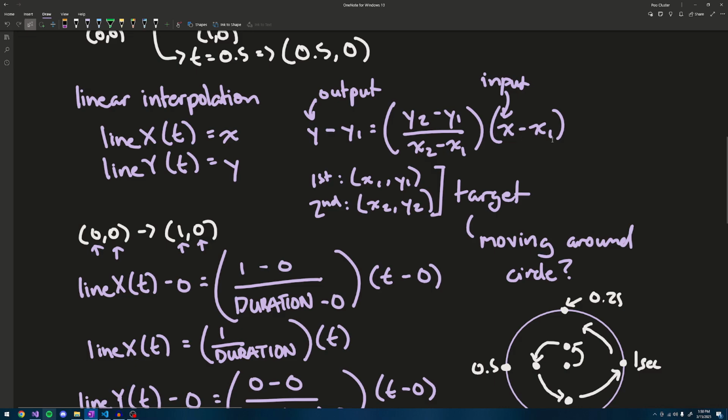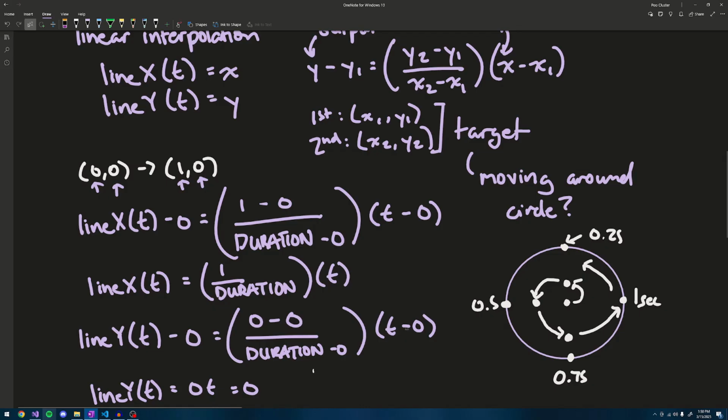And we know that the x's are in terms of time. Well, time always starts at 0, so we never need this x1, right? That's why it becomes t minus 0 here. And when we simplify the equation at the very bottom here, line x of t is equal to 1 over duration times t. This 1 actually represents the y2. That's the position that we're trying to get to over here.